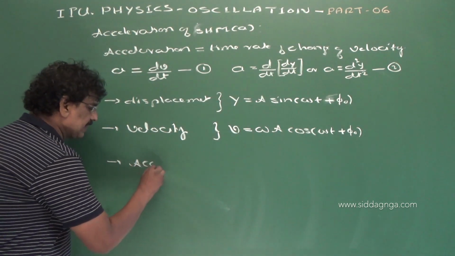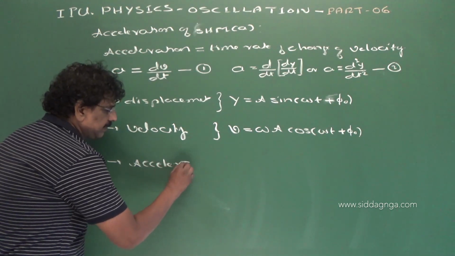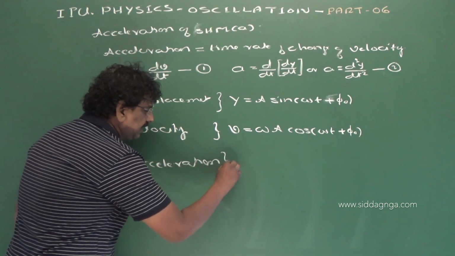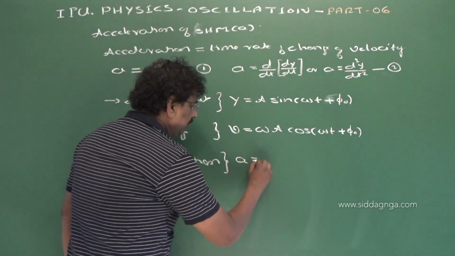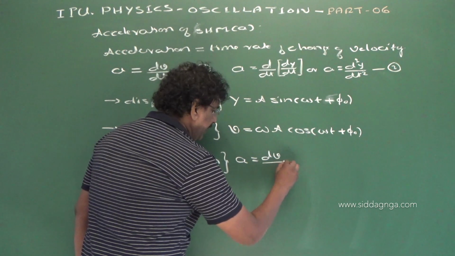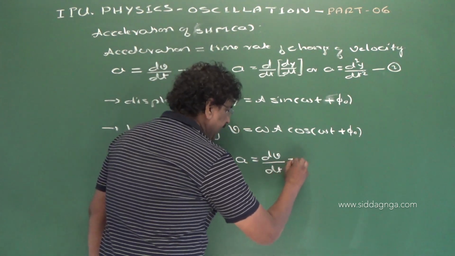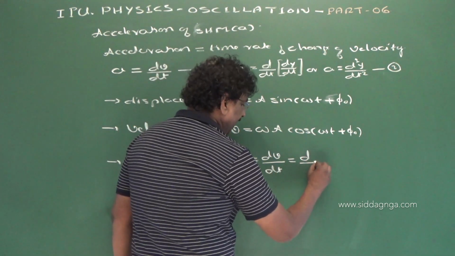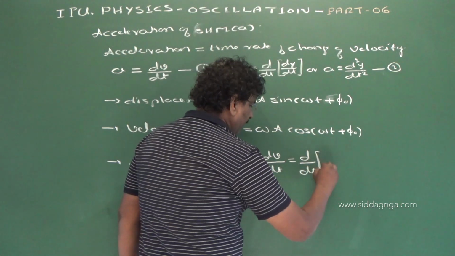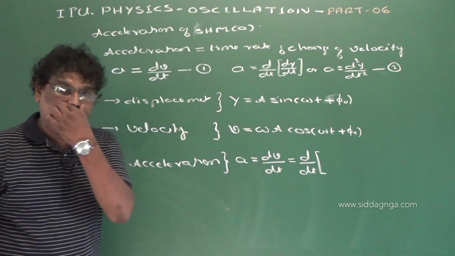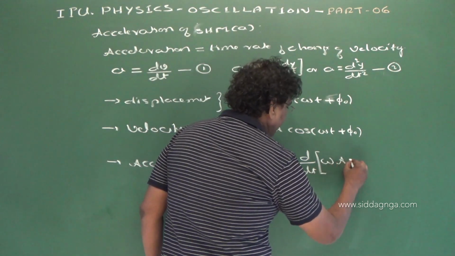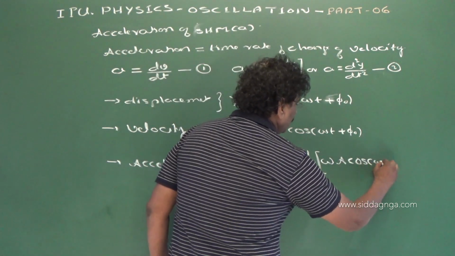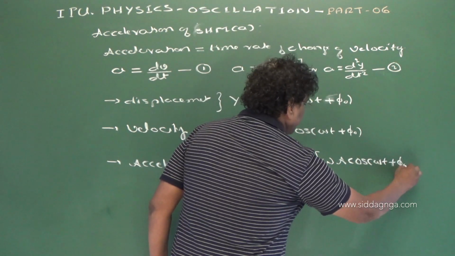Now acceleration at time t, a is equal to dv by dt, that is equal to d by dt of, now what is velocity v? Velocity v is omega a cos(omega t plus phi naught).